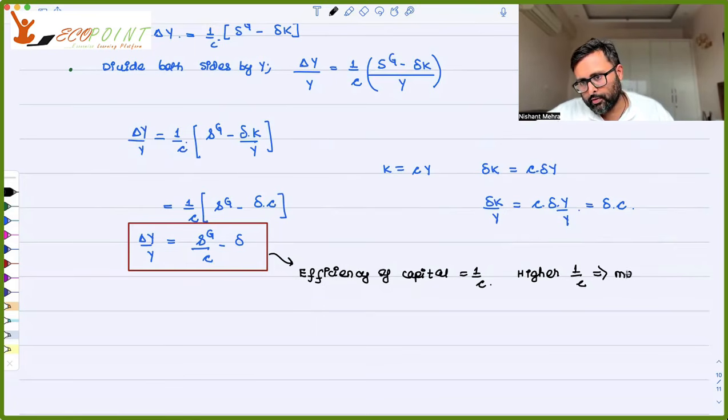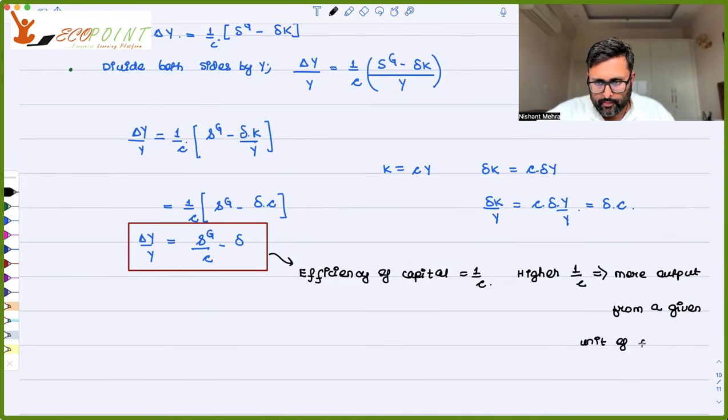More output from a given unit of capital, right?